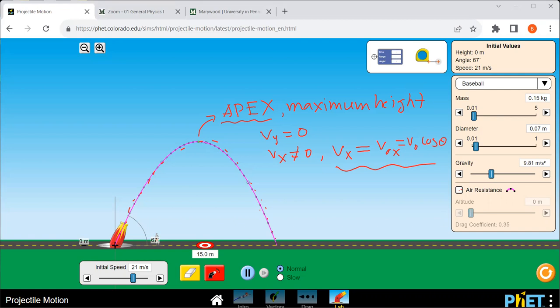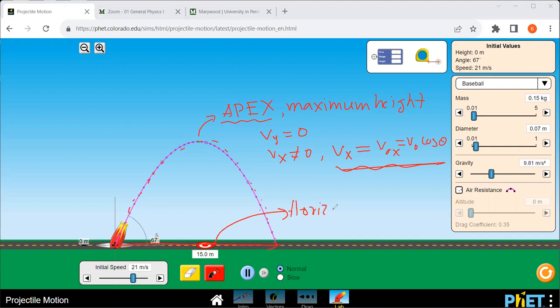No matter where the object is, the x velocity is always equal to v0x. Remember that.